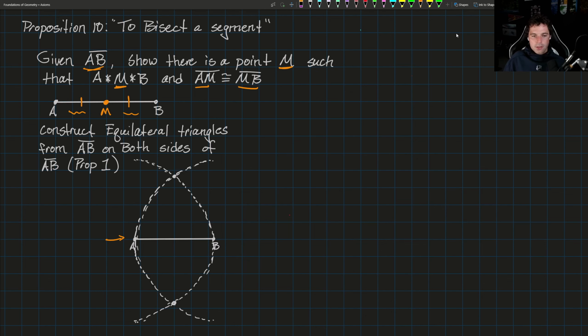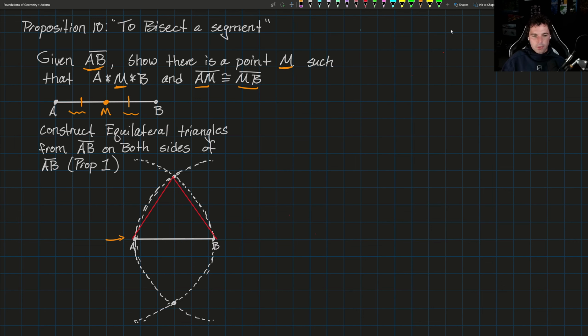The way we do this is we are going to take this radius length AB, and we're going to rotate it around. When these two resulting parts of the circle hit, those are going to be equilateral triangles because all of these distances have radius AB.